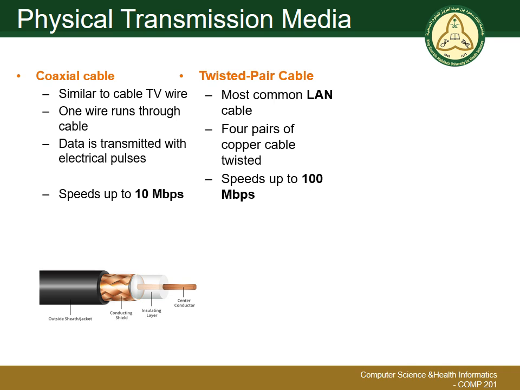If we have 2 wires next to each other, each one of them has an electromagnetic field, so the electromagnetic field of the first one can affect the signal traveling through the second wire. Therefore, we have a twisted pair, and those pairs send current in opposite directions. Therefore, the electromagnetic field of the first one will cancel the electromagnetic field of the other one. So we're trying to eliminate the crosstalk.